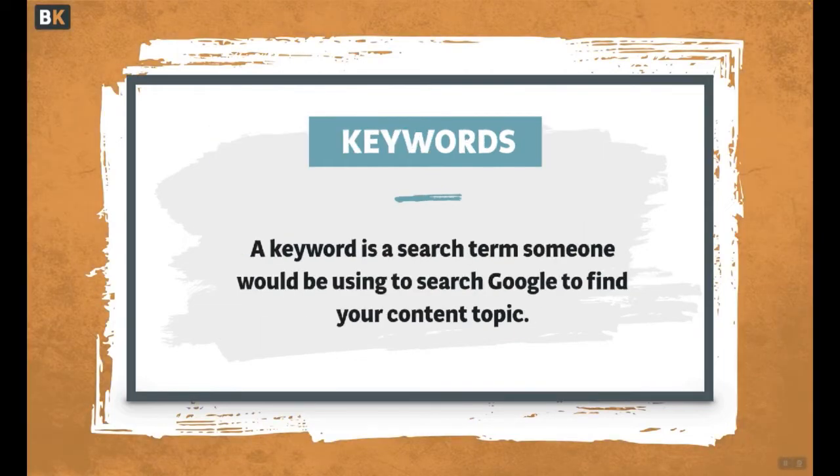So let's talk about what a keyword is. A keyword is a search term someone would be using to search Google to find your content topic. So again, the Google search term or phrase could be macaroni and cheese in the Instant Pot.